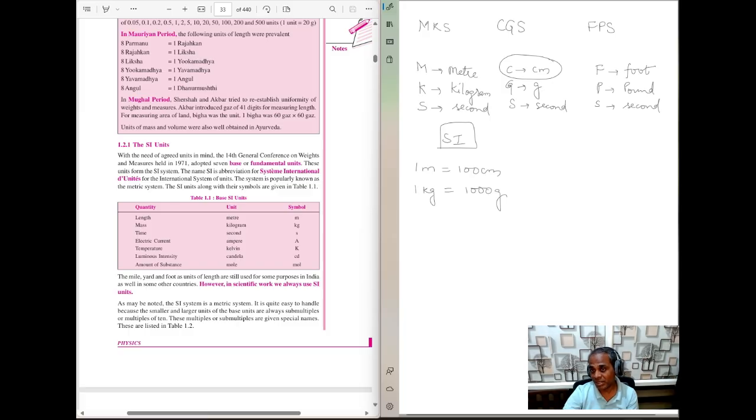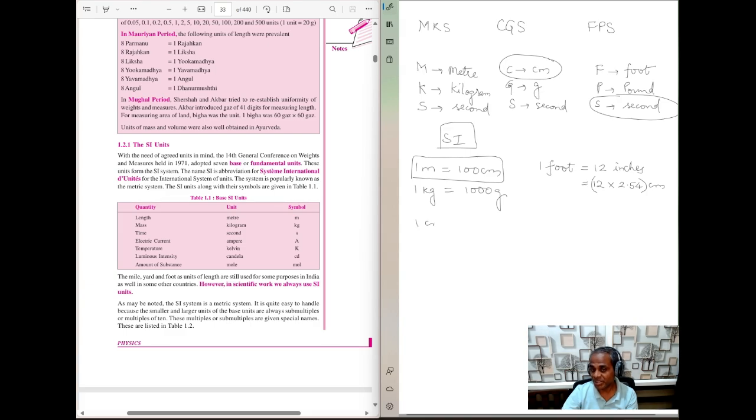Now let's understand the foot, pound, and second. Second is again the same in FPS. We need to see what 1 foot is in terms of the standard SI unit of 1 meter. So 1 foot we know is nothing but 12 inches, and each inch is equal to approximately 2.54 centimeters. So 12 inches will translate to 12 into 2.54 centimeters. So 1 foot is equal to 12 into 2.54 centimeters. And we know that 1 meter is equal to 100 centimeters, or 1 centimeter is equal to 1 by 100 of a meter.